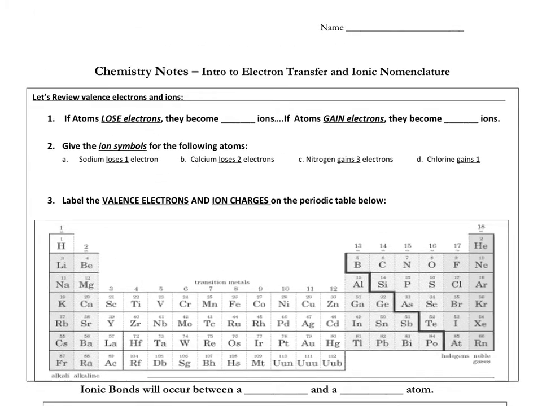Okay, so to review and recap what we talked about, if an atom loses an electron, it becomes a positive ion. And we know that positive ions are cations.